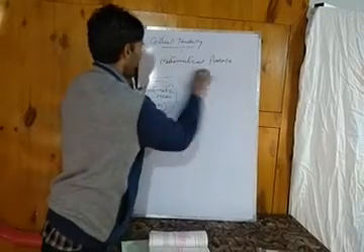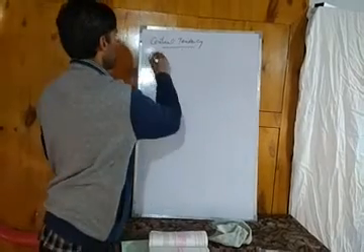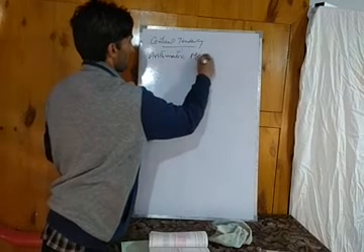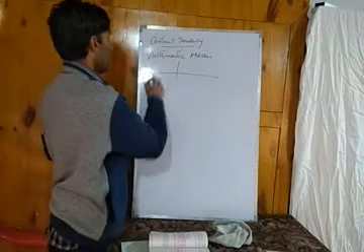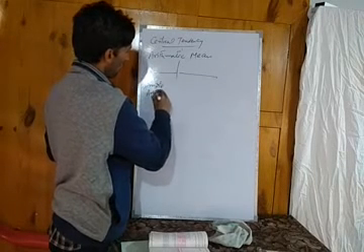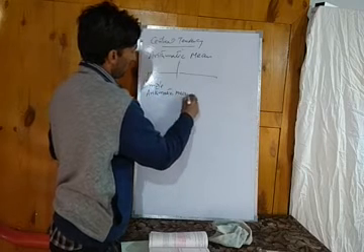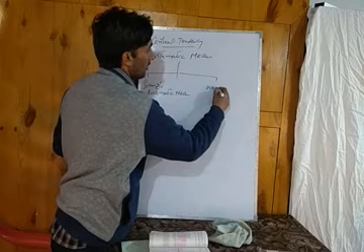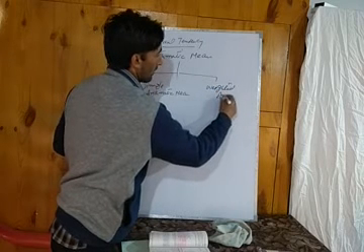Arithmetic mean has two types. One is simple arithmetic mean and another is weighted arithmetic mean.